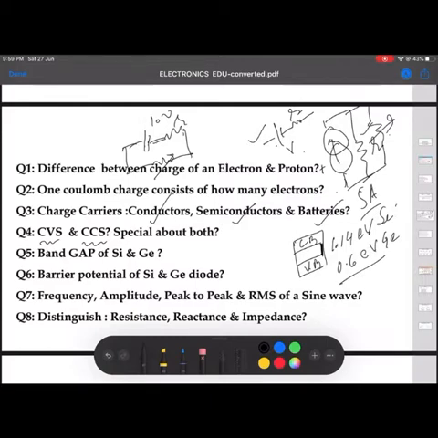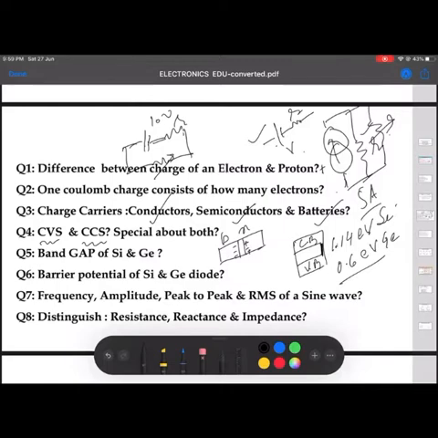And when you talk about the barrier potential of germanium and silicon, you should know that when a PN junction formation takes place, either in germanium or silicon, a potential barrier forms at the junction. This side will have a minus, this side will have a plus.